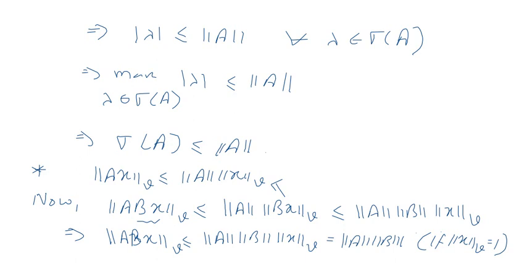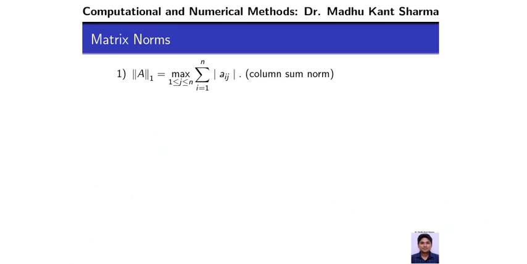So its supremum will also be less than or equal to this. So together this implies the norm of AB is less than or equal to the norm of A into the norm of B. So this result is true. This induced matrix norm is a submultiplicative norm. So these are the three things we have seen.